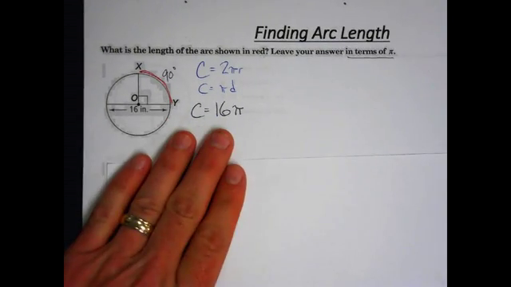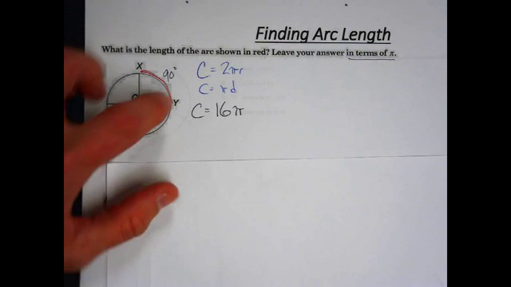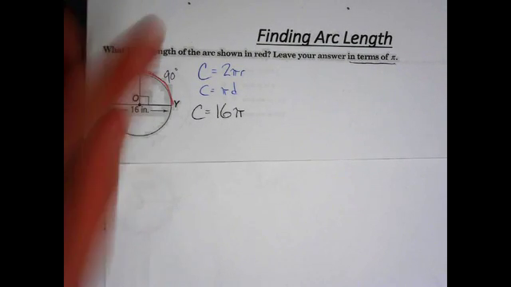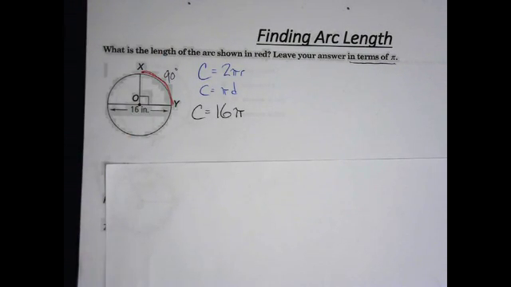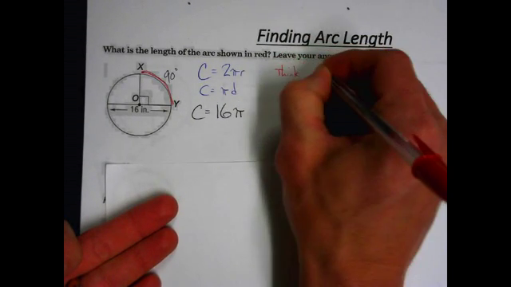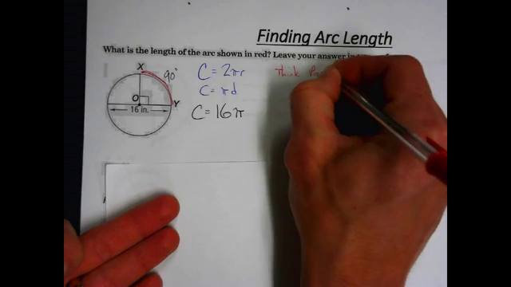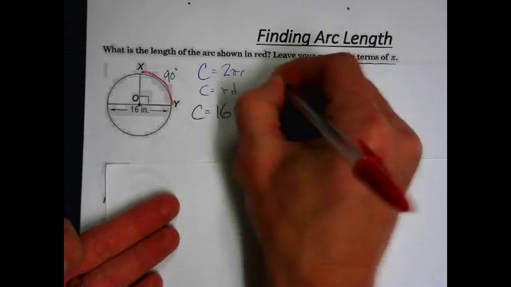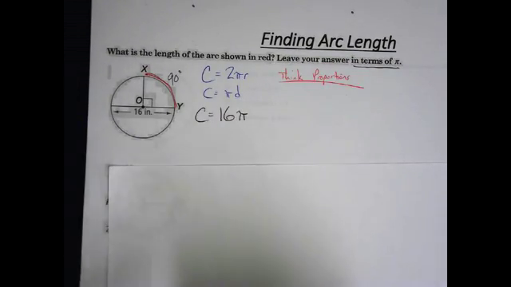All right. So we have now found our entire circumference, and what we're doing is looking for the tiny bit. Just like we said in the notes, we're going to think proportions. It's all out of 360 degrees.